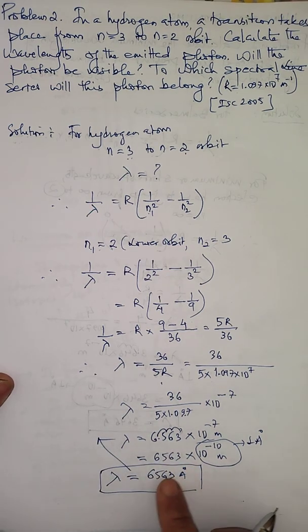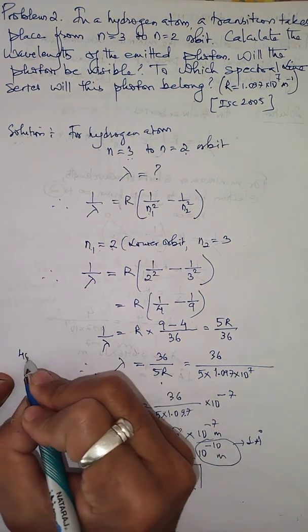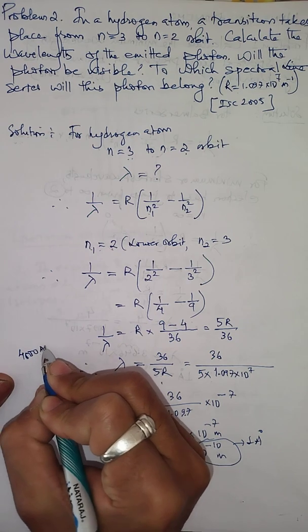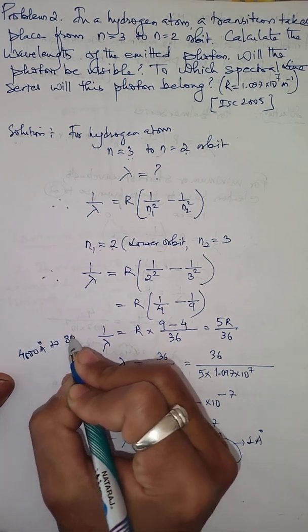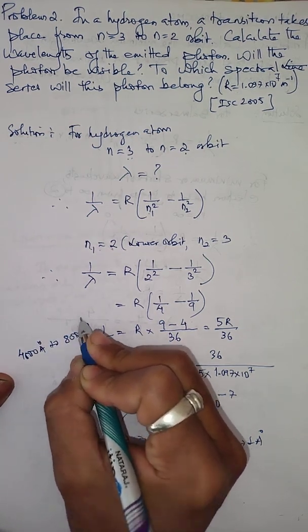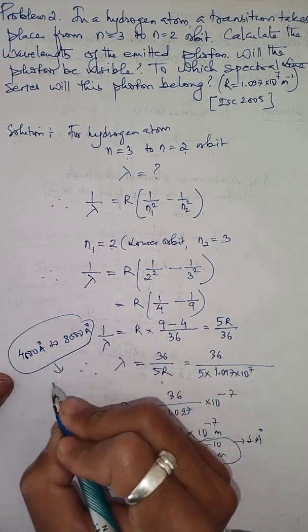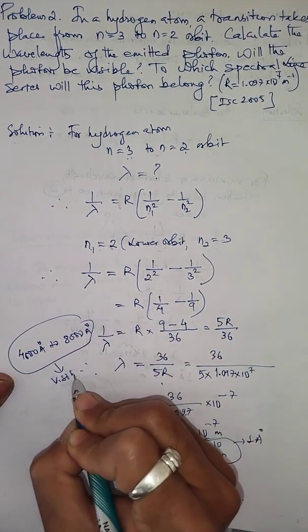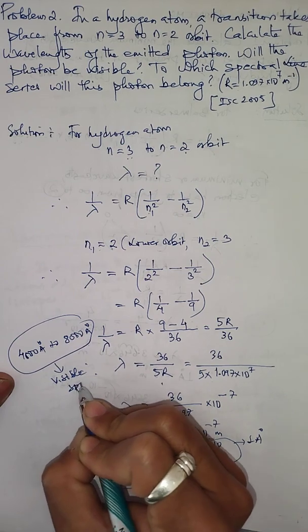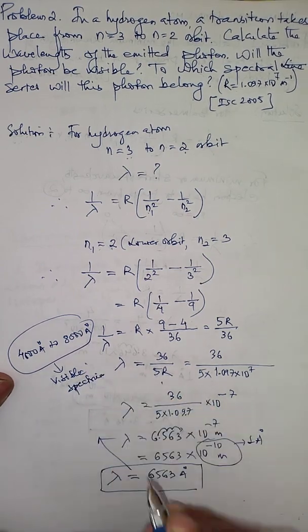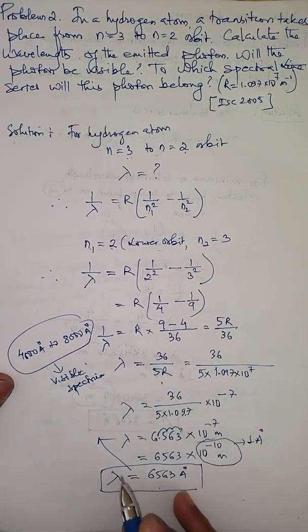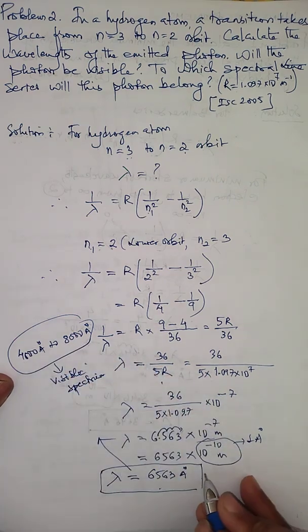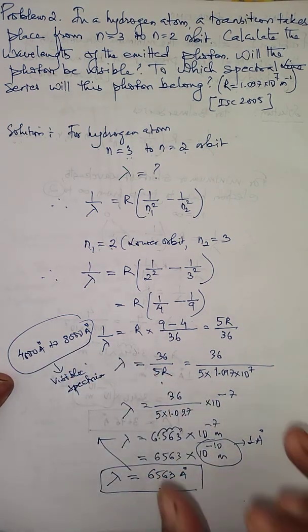The range of the visible spectrum is 4000 Angstrom to 8000 Angstrom, and the wavelength we calculated lies in this range only. That's why this particular photon will be visible.